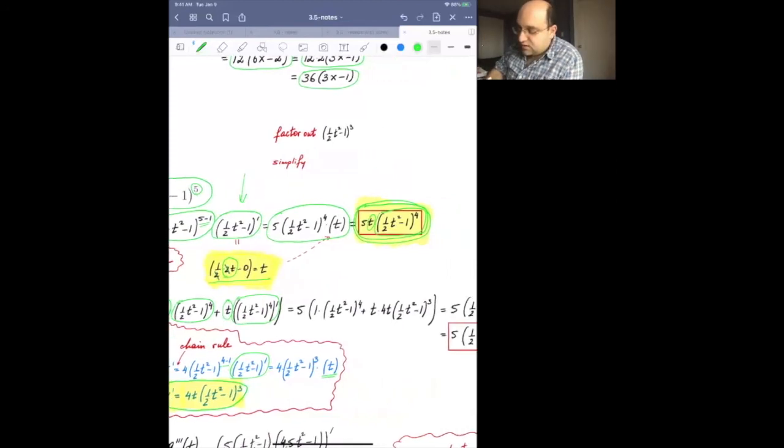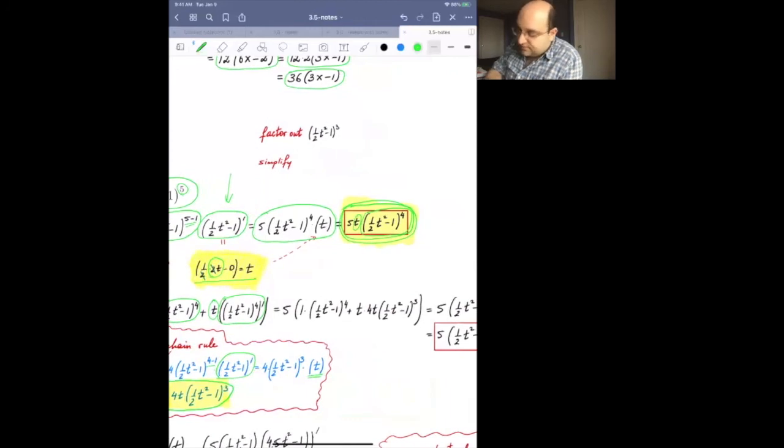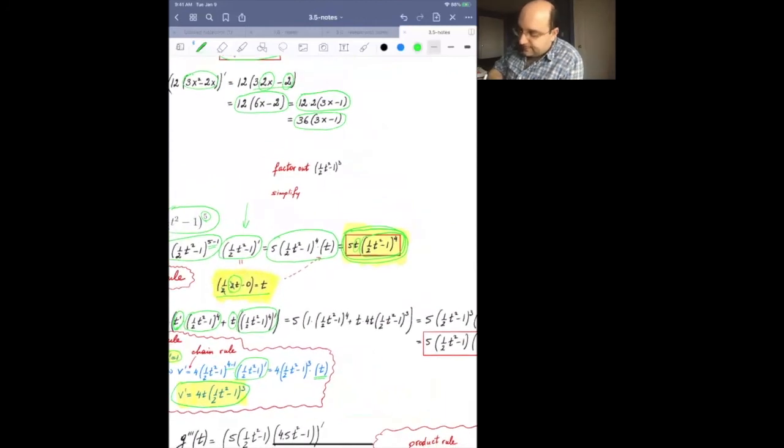So u prime is 1, and I have v, which I just copied, plus t times the derivative of v, which is this expression here.